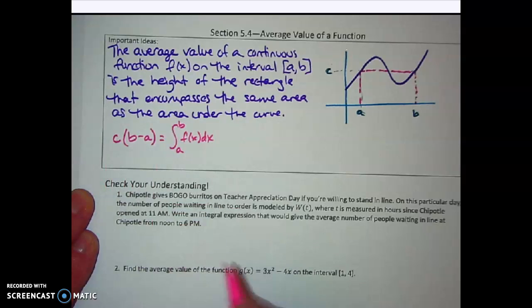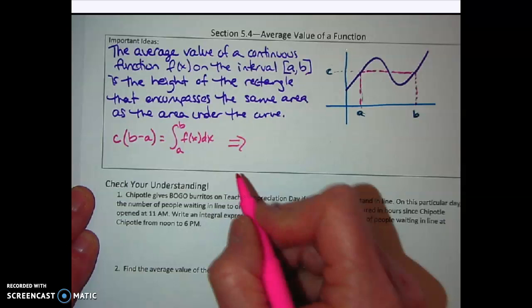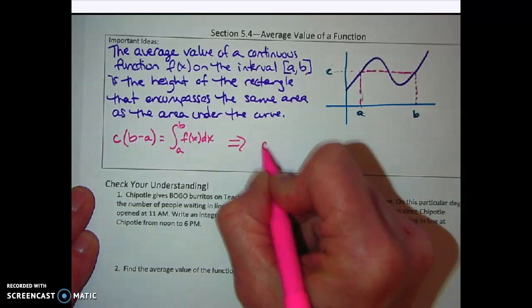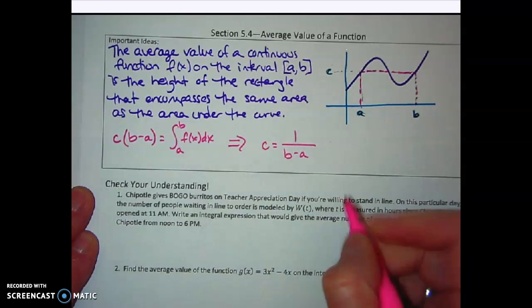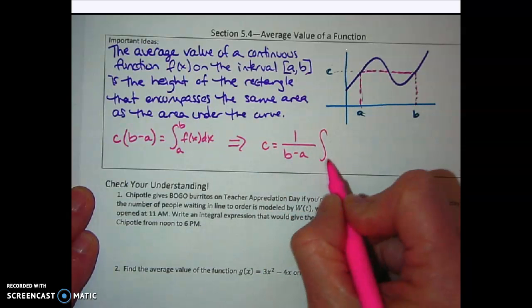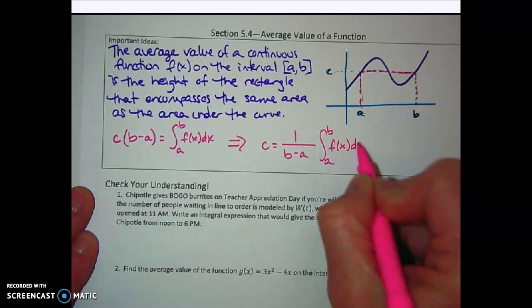In order to find my average value, find that c, if I multiply by the reciprocal, I find that c is 1 over the length of my interval times the integral of f of x dx.